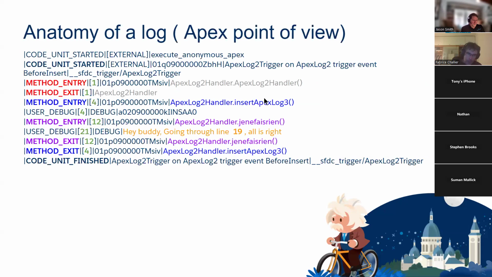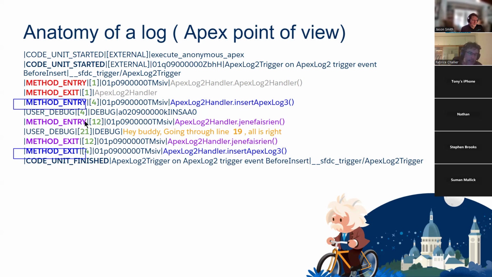Okay, and when you have a log that is talking about Apex, what you will have is something like this. And what you can see is that the method entry has a method exit. And the good news is a method entry will always tell when it's starting and when it's ending. And if some other methods are called inside, Salesforce will keep the logic of what's happening. So here you can see that inside this method, another method has been called.